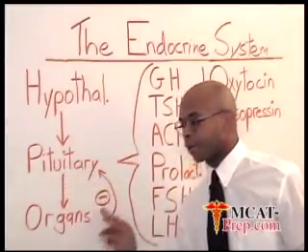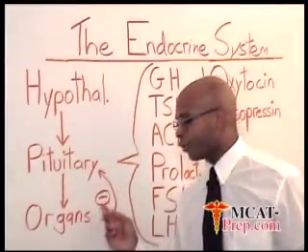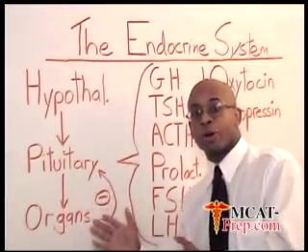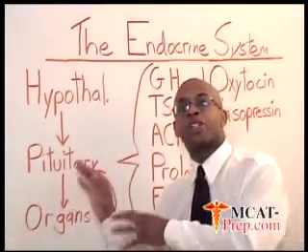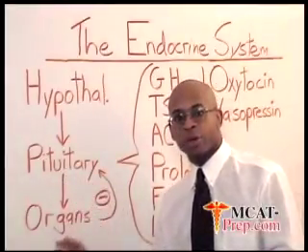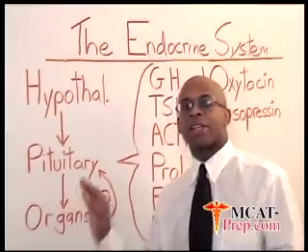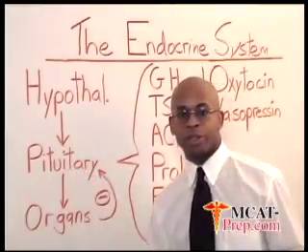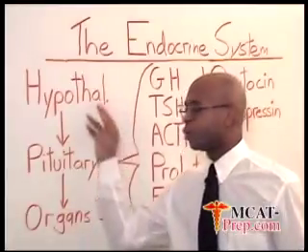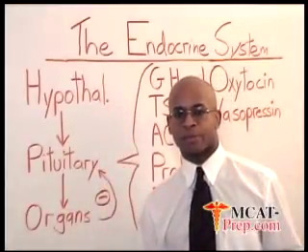This feedback loop is called a negative feedback loop, which means the organ will produce the hormone, telling the pituitary gland to slow down. So this is one of the ways that an end organ can regulate secretion coming from the pituitary gland. This negative feedback loop sometimes includes the hypothalamus as well.